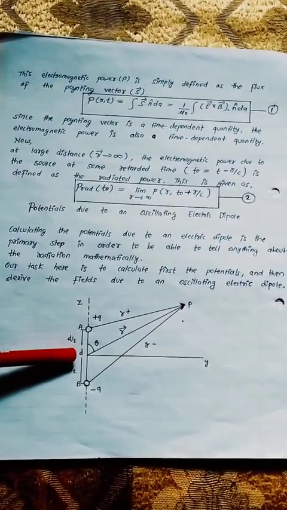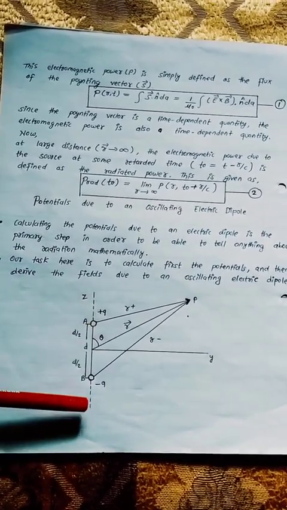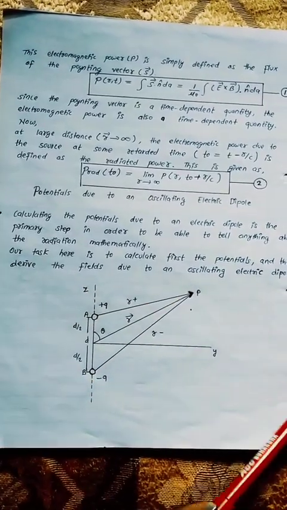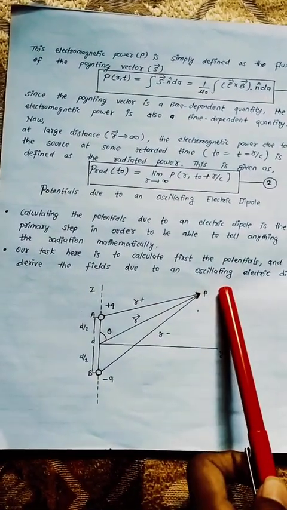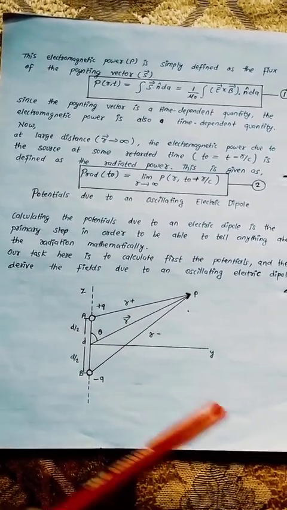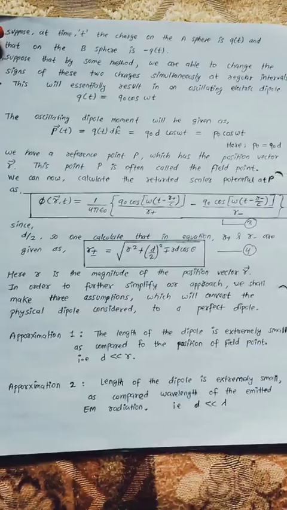Here we consider an electric dipole with a positive q charge and a negative q charge. Then we have to calculate the potential at point P, which is at a vector distance r. This distance is d by 2, this distance is d by 2.